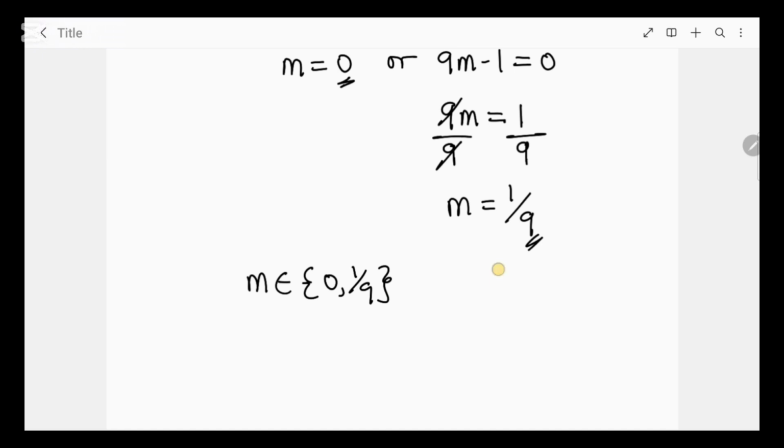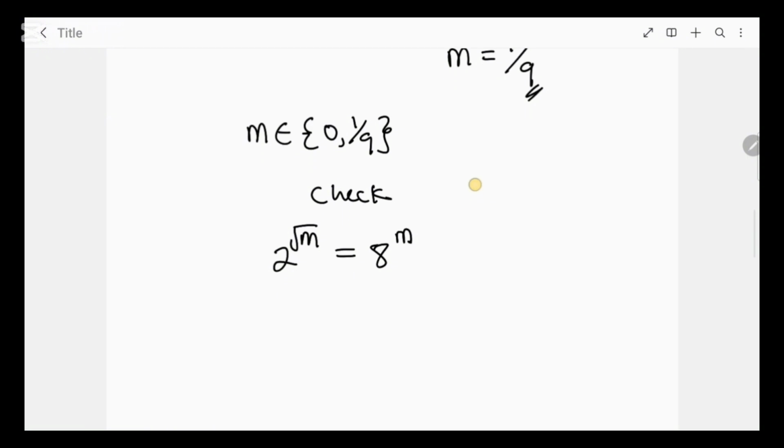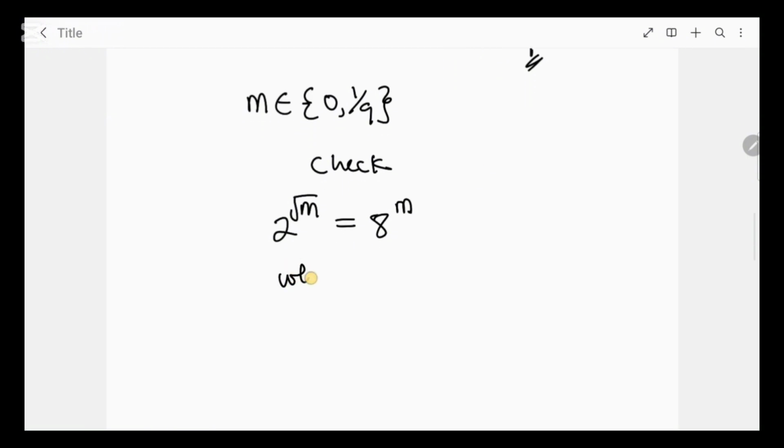Well, we can try this in our original equation. So let's check. On checking the original equation, we have 2 to the power of the square root of m equal to 8 to the power of m. So let's see if the left hand side and the right hand side are going to be equal. Let's start with when m is equal to 0.